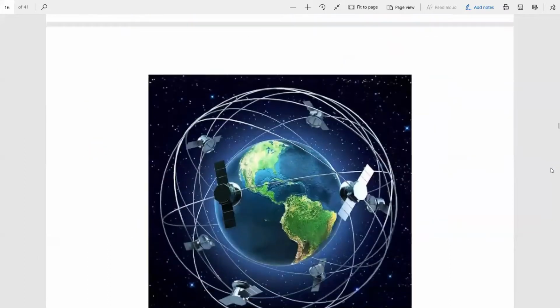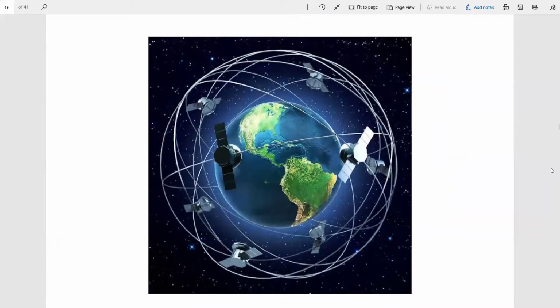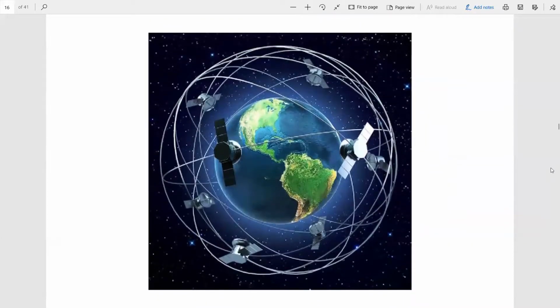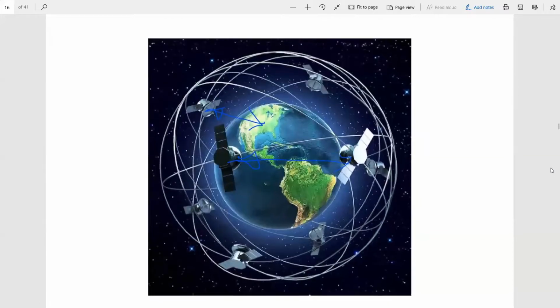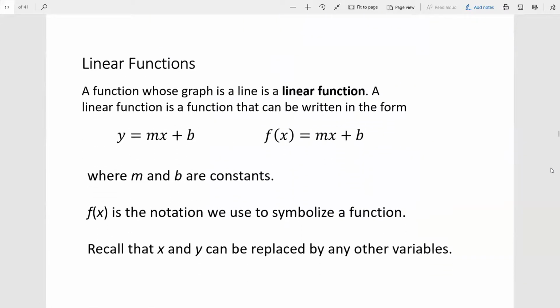And if we go into orbit and look at some of the satellites I worked on, every one of these satellites connects to the Earth and also between them with sine waves carrying the high-speed data that we have come to depend on. Now, that's just an introduction to sine waves. Now we're going to get into linear functions.